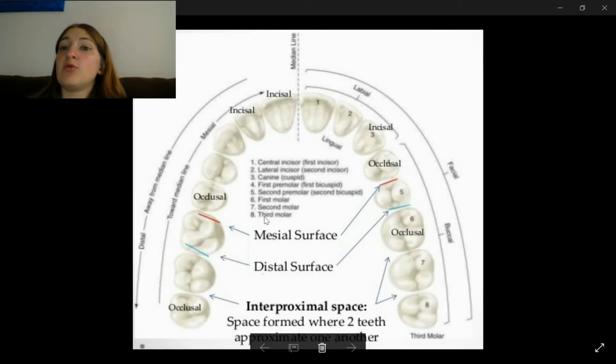There is lingual, which is the side of the teeth that faces the tongue. So basically, these sides of the teeth are all lingual. And then labial is the outside of the teeth that faces the lips, the parts of the teeth that show when you smile.